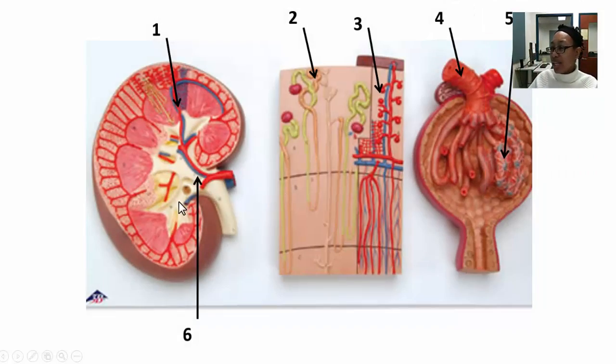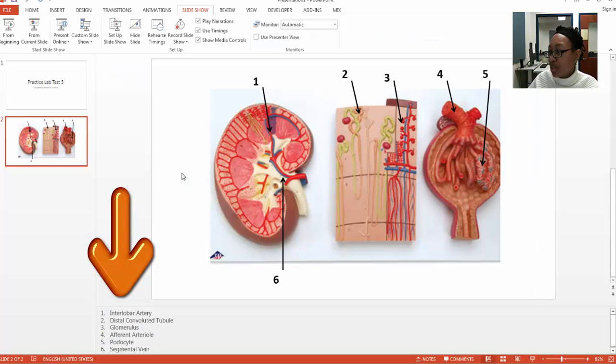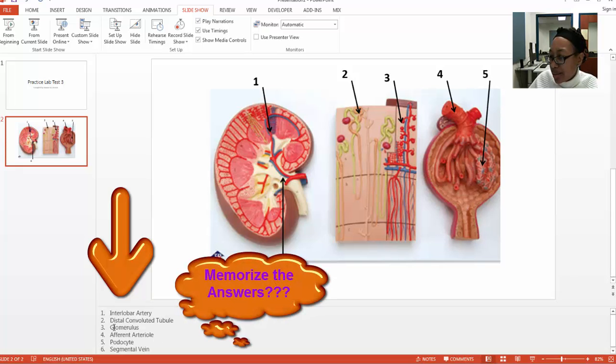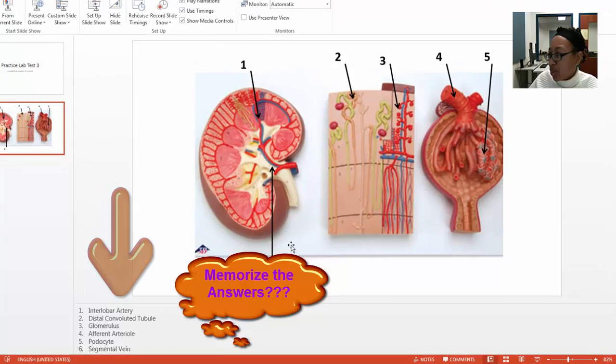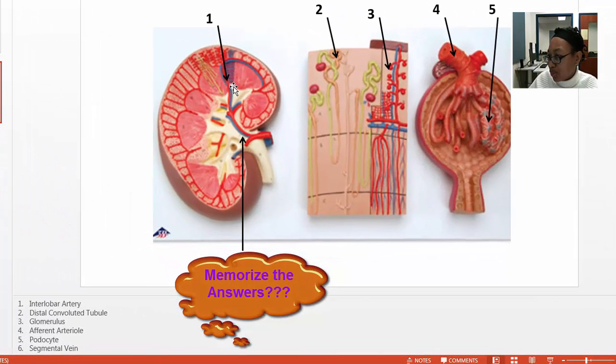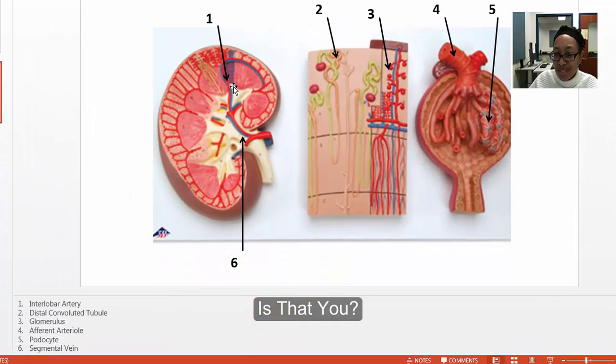And then you go and take a look at the bottom notes, the PowerPoints, and try to memorize all the words that go with the numbers that look like the picture. Is that you? If it is, raise your hand.